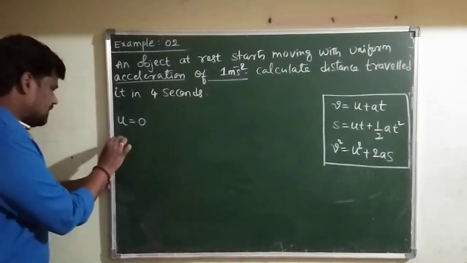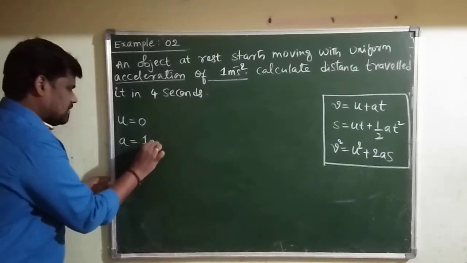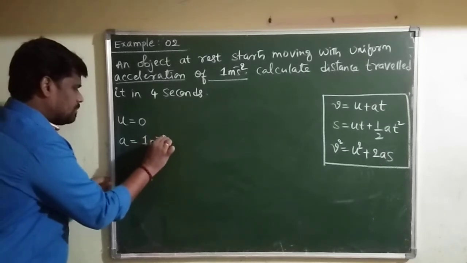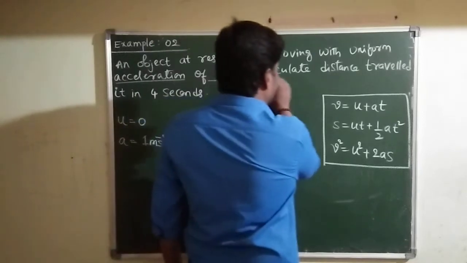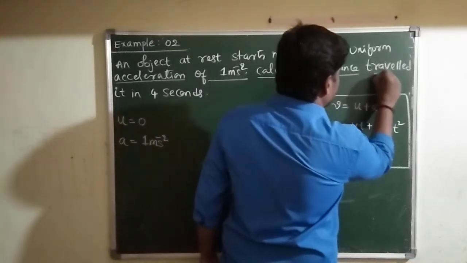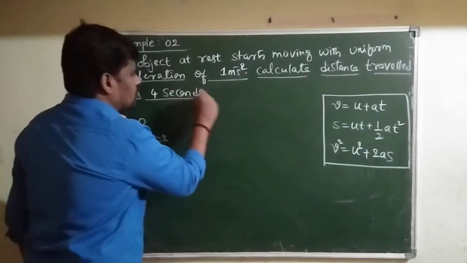They have given the value of acceleration, that acceleration is 1 meter per second square. They are asking you to calculate the distance traveled by the body in 4 seconds.